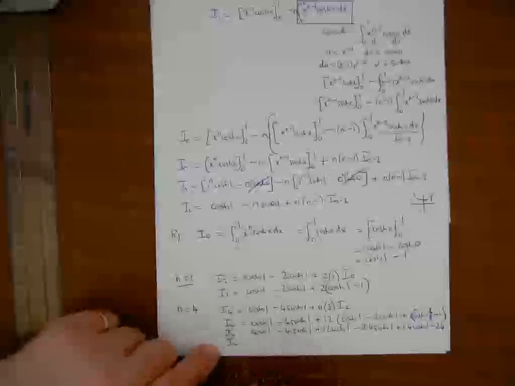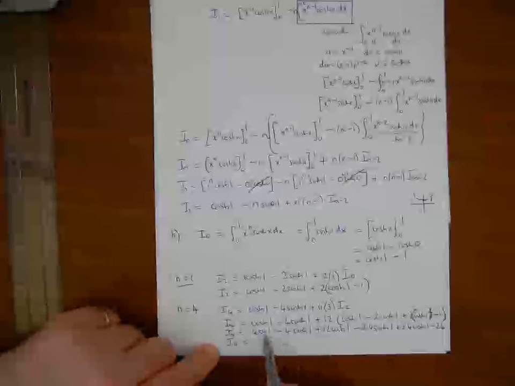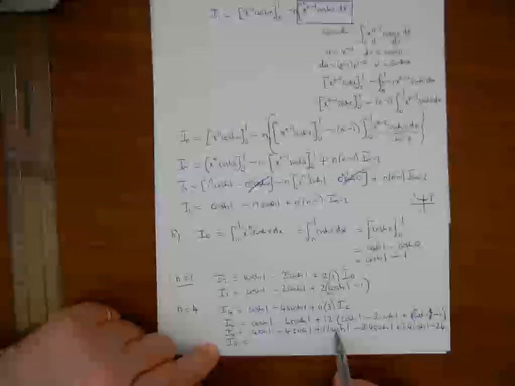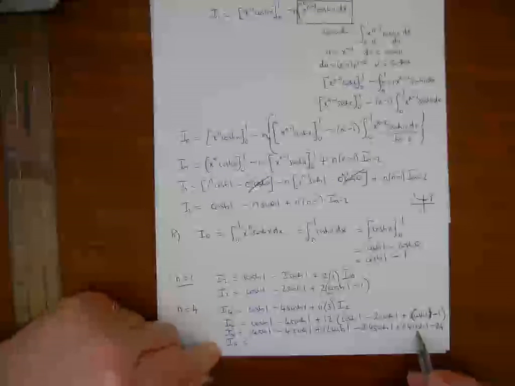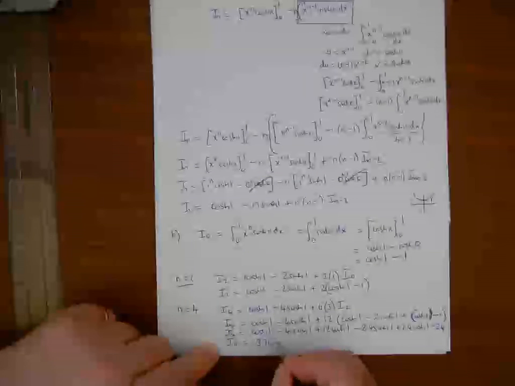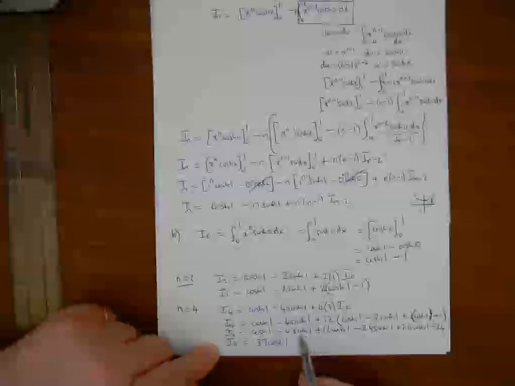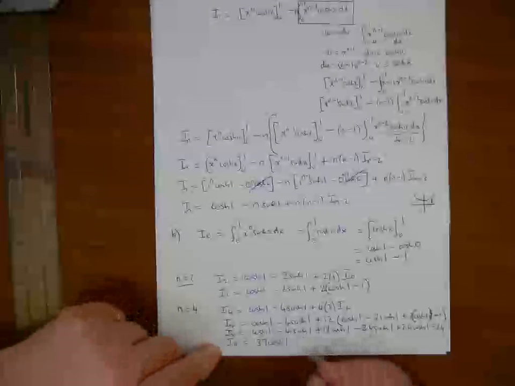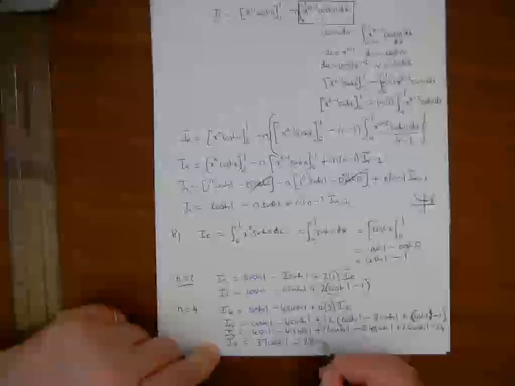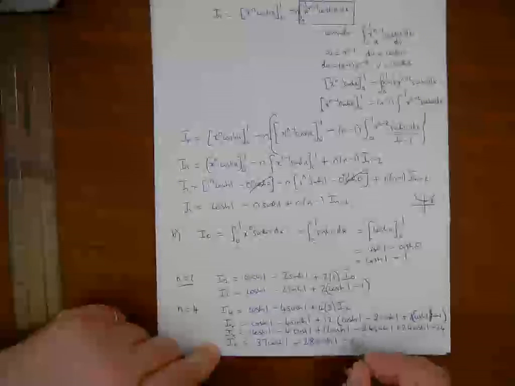So I_4, right, how many cosh 1s have we got? I've got 1, 13 and 24 is 37, so I've got 37 cosh 1, minus 4 minus 24 is minus 28 sinh 1, minus 24.